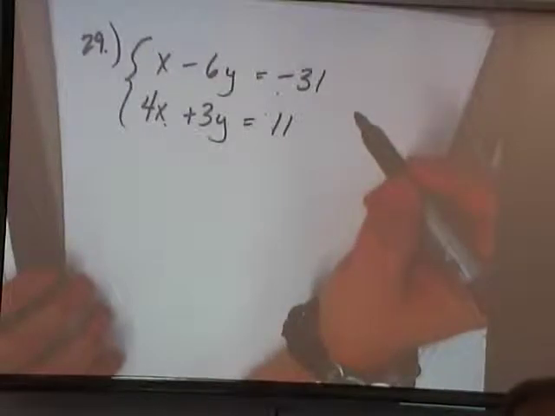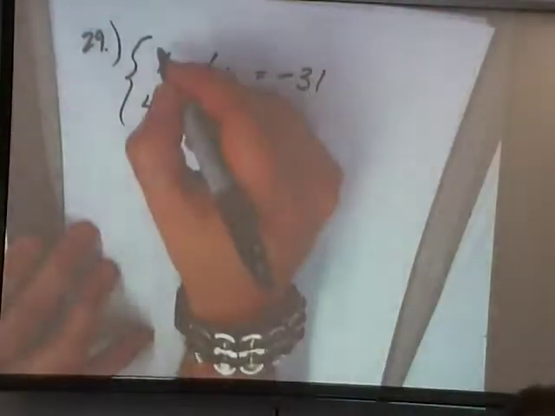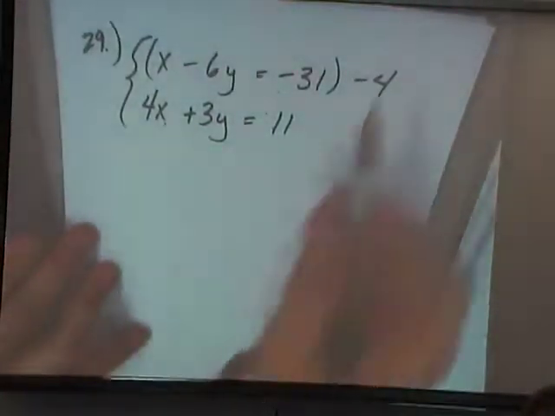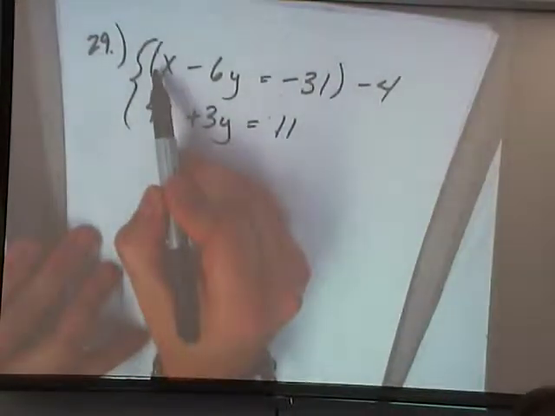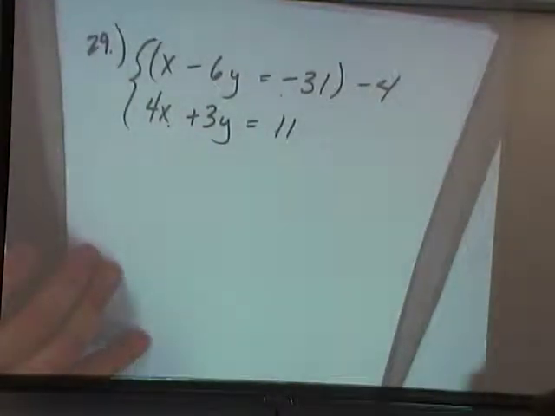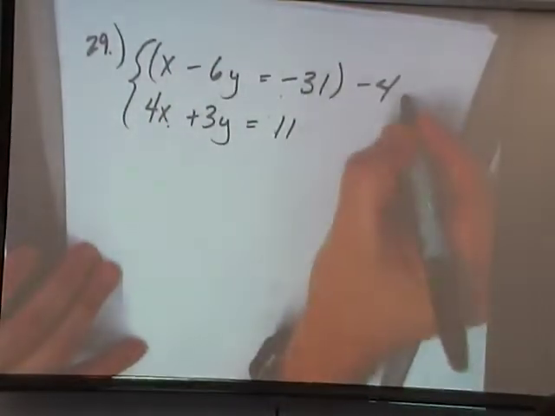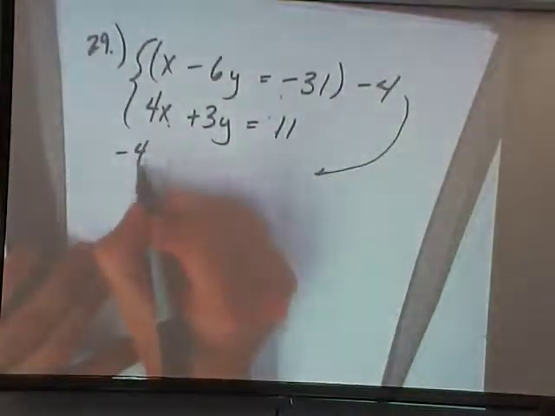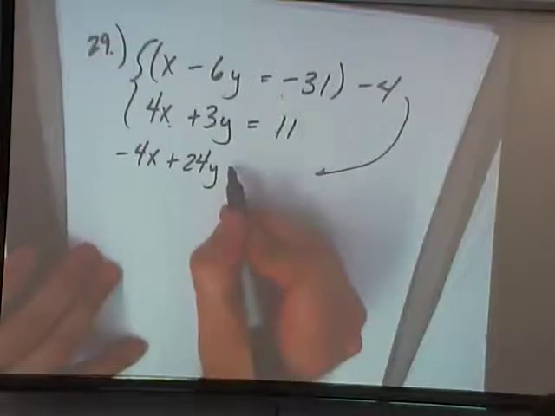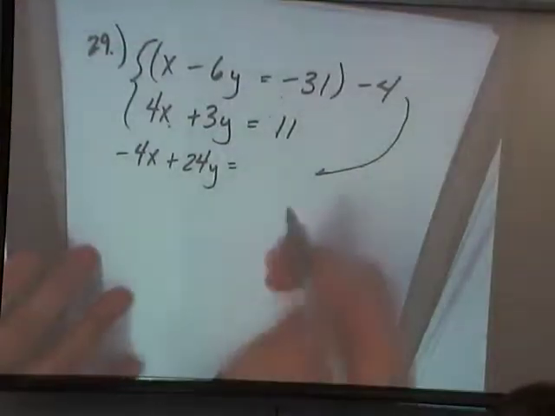So if I multiply this top equation by -4, that'll turn my x coordinate into -4x, and then I've got this positive 4x, so my x's will be eliminated, right? So I'm going to write that down here. That'll give me -4x plus 24y is equal to a positive 124.